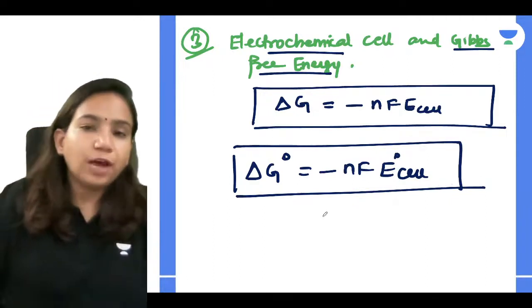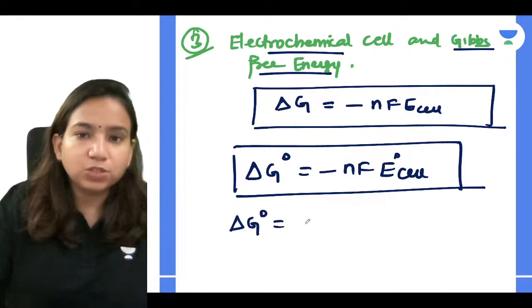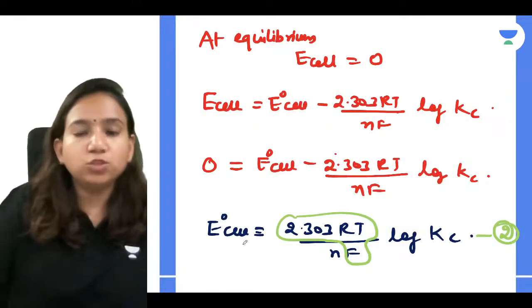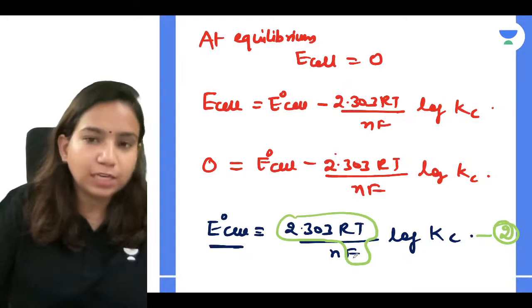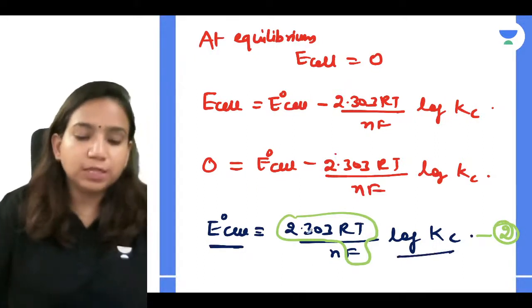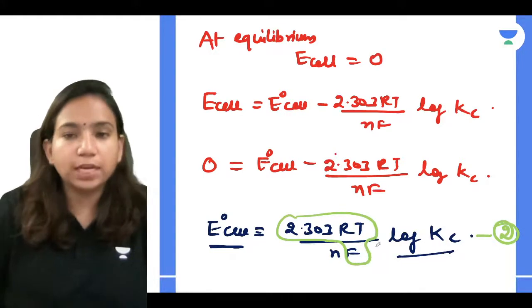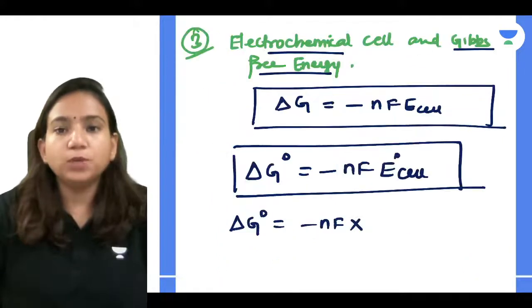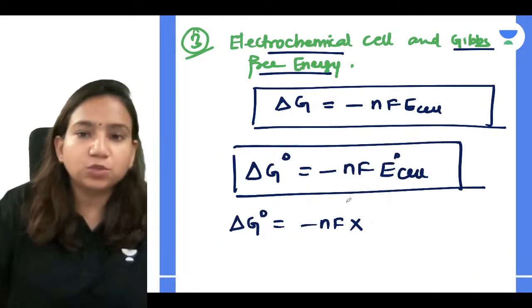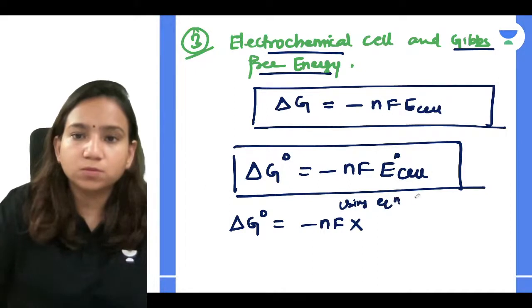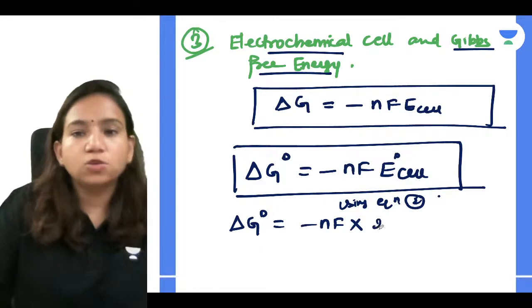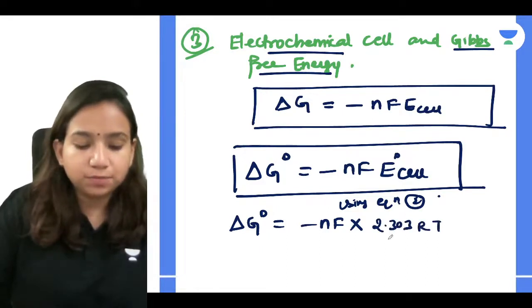Very good. So delta G is equal to minus NF, now E naught cell. You remember equation 2? In equation 2 we mentioned E naught cell is 2.303 RT by NF log Kc. That's why we took this as 2.303 RT by NF. So using equation 2, delta G naught is equal to minus NF into 2.303 RT by NF.